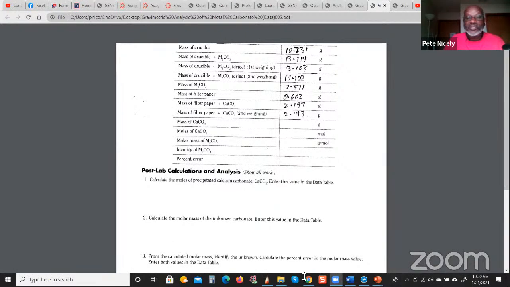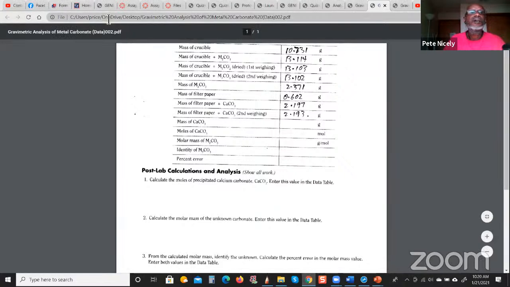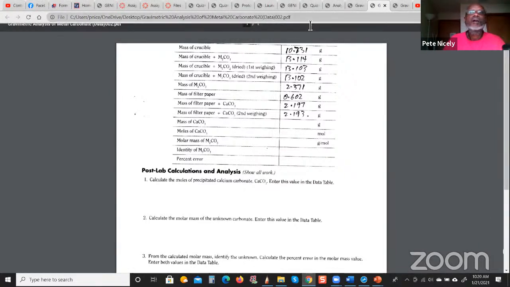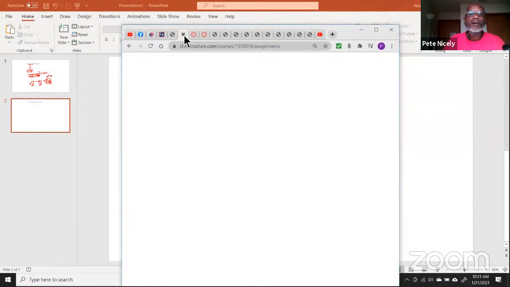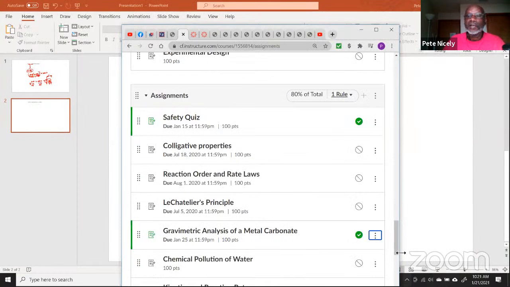Here's another one which I looked up. Oh, I guess I turned off the share screen feature again. So let me turn this back on.